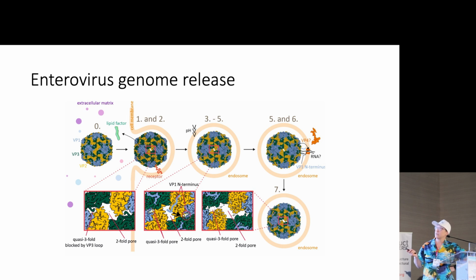And what happens is that there is a lipid factor found in 60 pockets within this capsid, and when you start to release that lipid factor, you cause expansion of the capsid, and that can be seen, for instance, here in a localized movement at the 2-fold axis of symmetry, but actually what's happening is that there's a twisting and expansion all the way around.